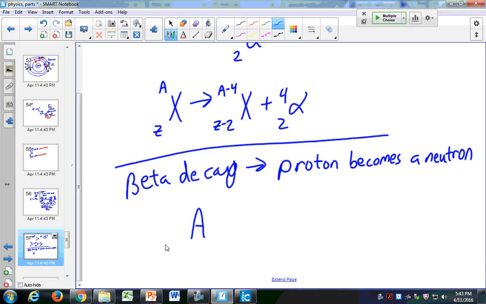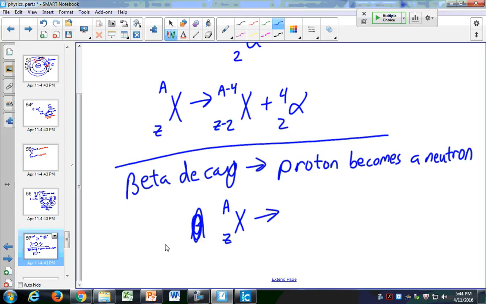So if we're starting out with X, some unknown particle, A and Z, what's going to happen to my numbers here? First of all, what's going to happen to A? That is my mass number, right? The big number. What's going to happen to it in beta decay? I'm sorry, what did you say, Ashley? It's going to stay the same, that's right, because my proton isn't actually leaving, it's just becoming a neutron.